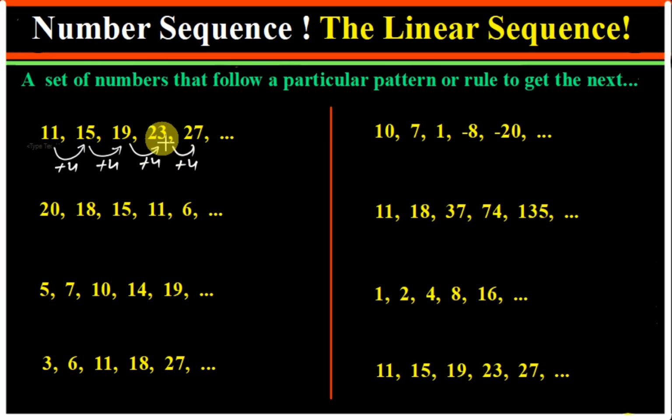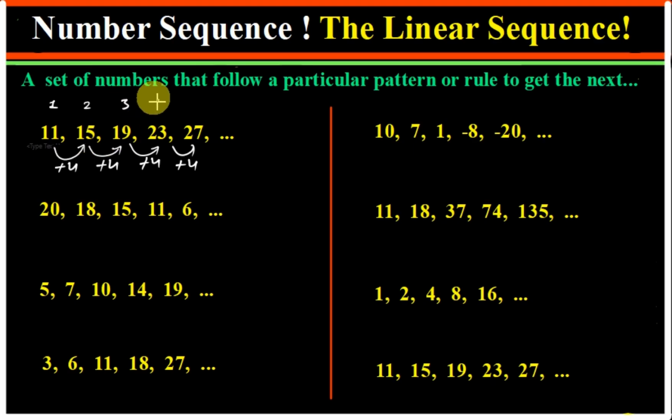In any number sequence, these numbers are called terms. This is the first term, this is the second term, third term and so on. And the position: this 11 is at the first position in this sequence. At the first position 11 is there, at the second position 15, and at the third position 19.